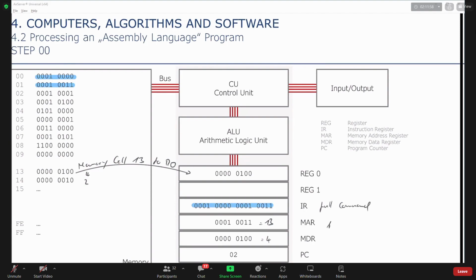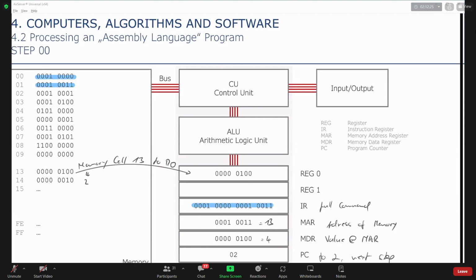Here we have the address of the memory. And here we have the value at that address. And we have increased our counter to 2, which is the next step.